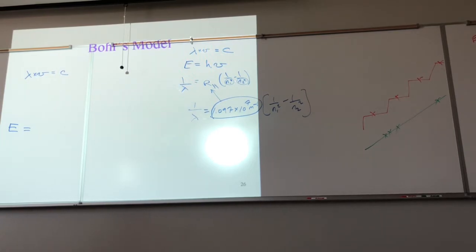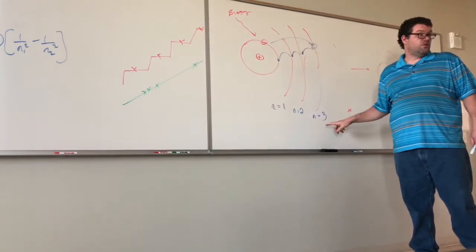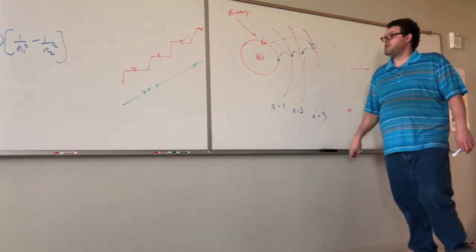Wavelength. The regions that an electron can exist in, okay? Like 1, 2, 3, 4, 5, etc. So what Bohr wanted to do is to get an equation in terms of energy that showed the distances between these orbitals, or these regions that electrons could exist in.